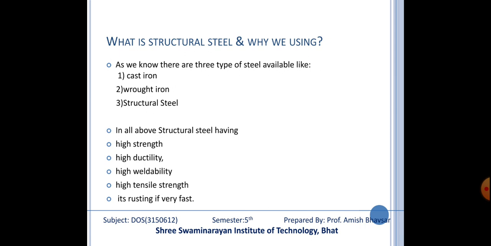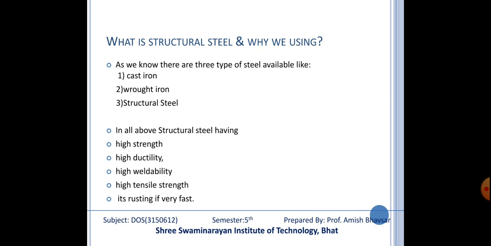Let's see. Cast iron has a number of properties, but it is not used in a building. Why? Because some of the properties are not suitable for the long life of the building. So cast iron is used as pipe; we know about the CI pipes. Number two, wrought iron. It is also not used in building because some of its properties are not suitable for the building.